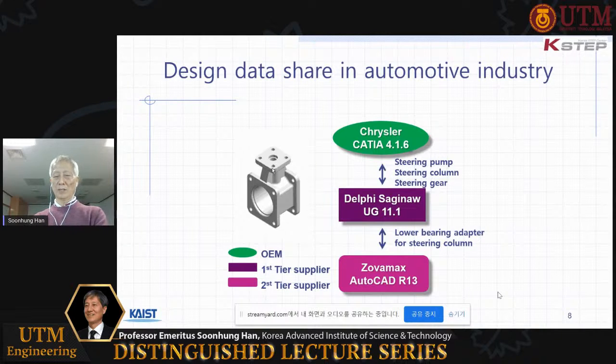And Jobamax is probably a small company. They use AutoCAD, a smaller, cheaper software. So the problem is, how can they share this drawing or CAD model between three organizations? So we need a standard.